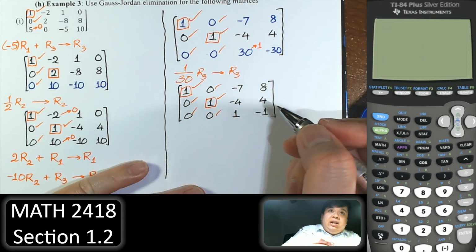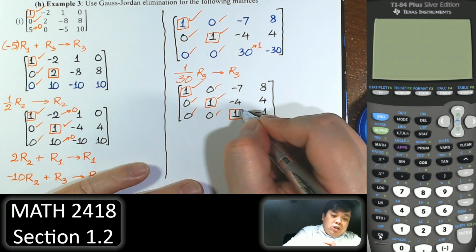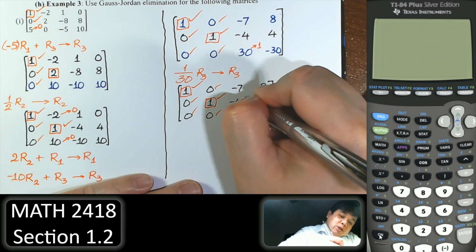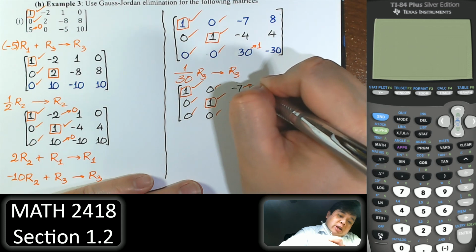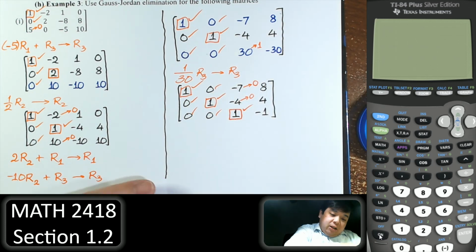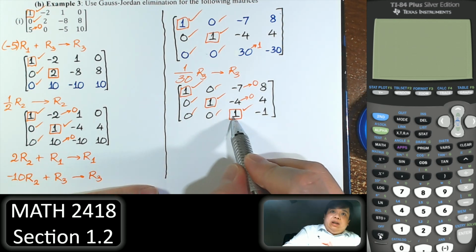Now we need the next row, the pivot will be here, which is 1, which is good. Now we just need to turn this to 0 and this to 0, and we will be done. We'll finish this one. So now the pivot is on row 3.